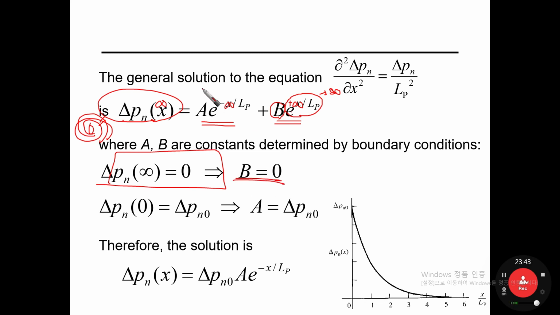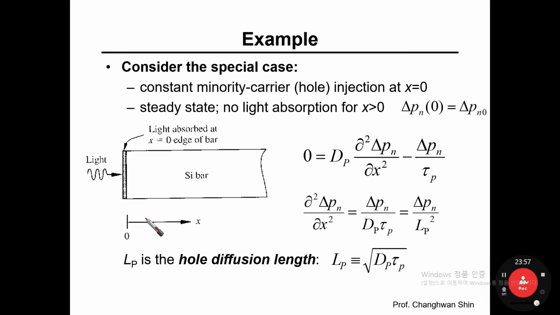But still, we have no idea about a. So let's look for the other boundary condition at x of 0 instead of x of infinity. So go back to the x of 0 here. Here delta p sub n x of 0 was kind of constant, right?